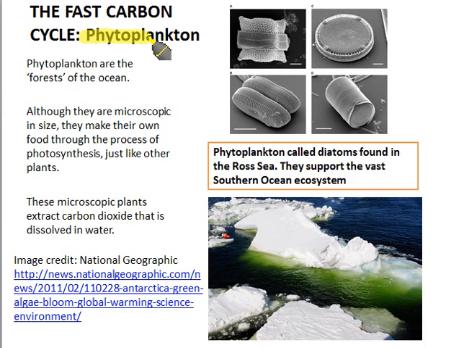We'd say that the phytoplankton are the forests of the ocean. Although they might be microscopic in size, they make up a huge part of the food chain, and the biomass of carbon in phytoplankton is enormous. This is an electron microscope photograph of diatoms, tiny little phytoplankton that support life in the Southern Ocean.